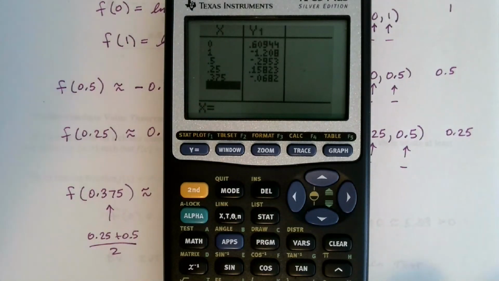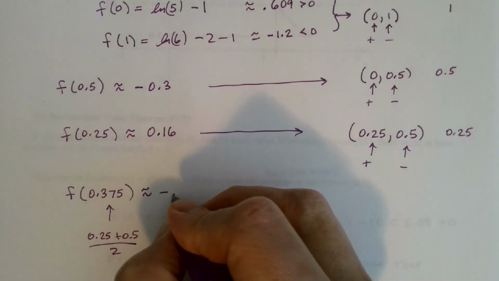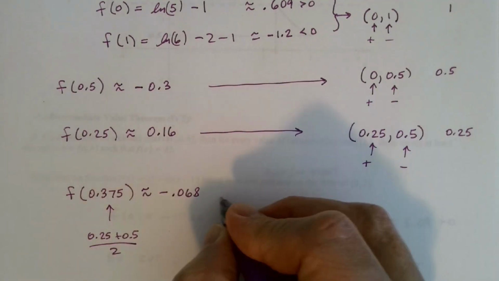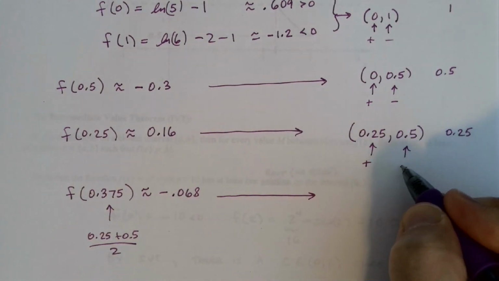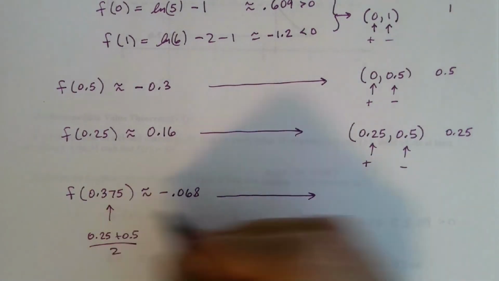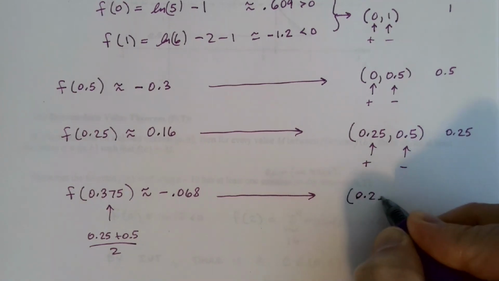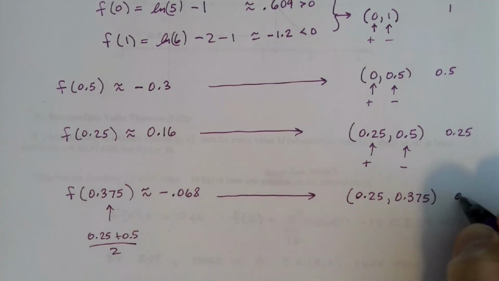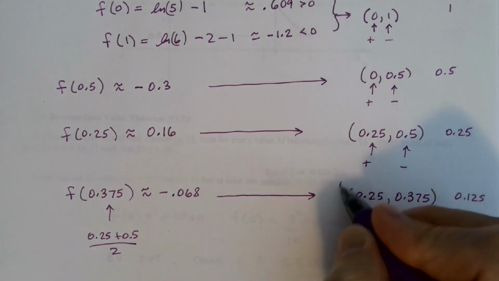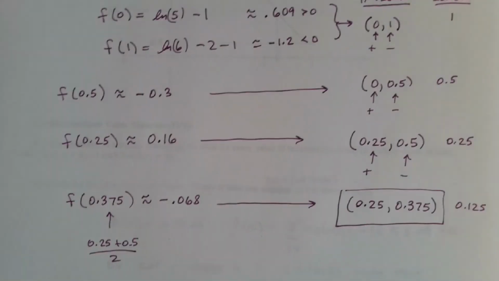It's negative, just barely negative, 0.06. And therefore, what am I going to replace? This 0.5, it was negative, now we can replace that with 0.375. And that length is 0.125. And so here is my desired interval in this problem, and we've been asked to stop there.